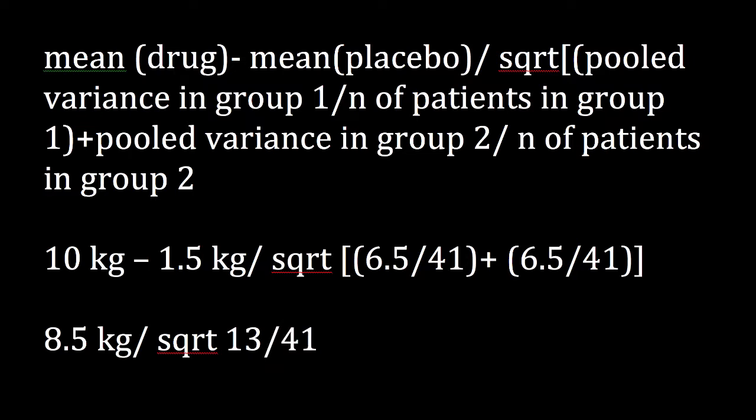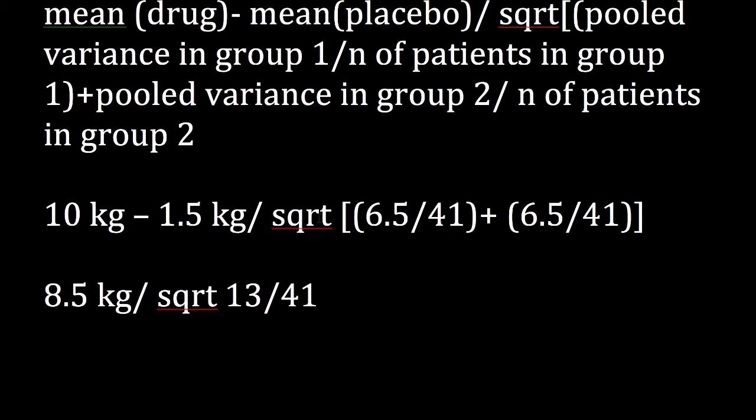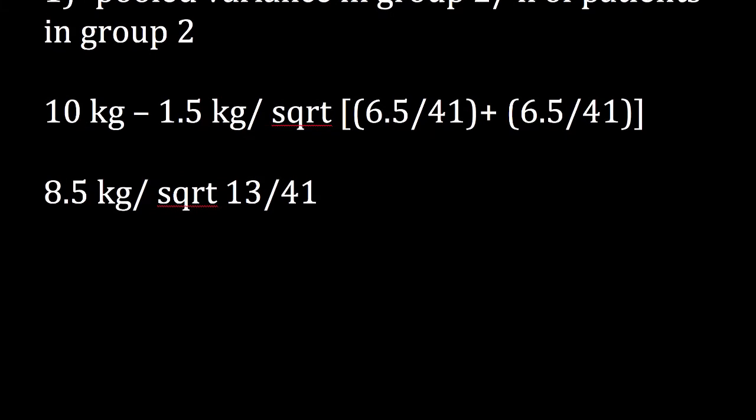And if we put that into our calculator, that would give us a t statistic of 15.09. Now, because this is greater than our critical value, then our test will be statistically significant.